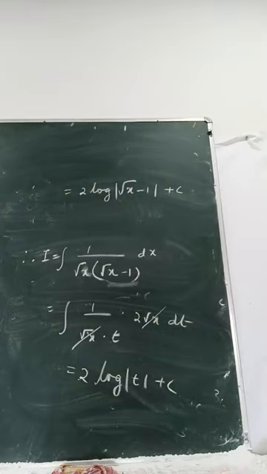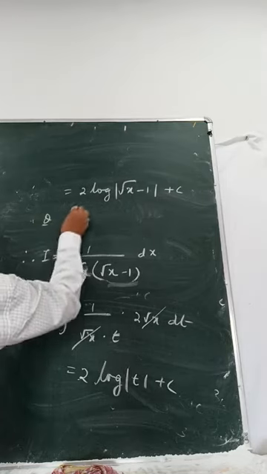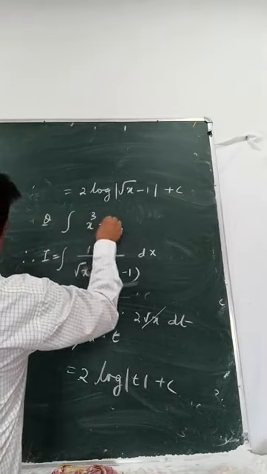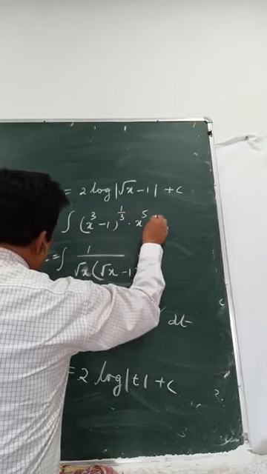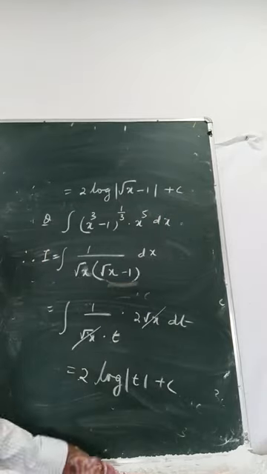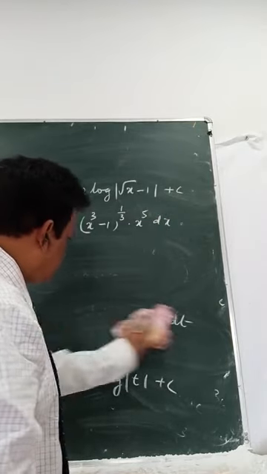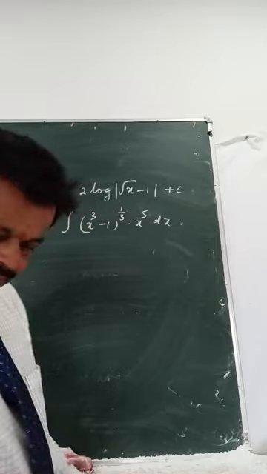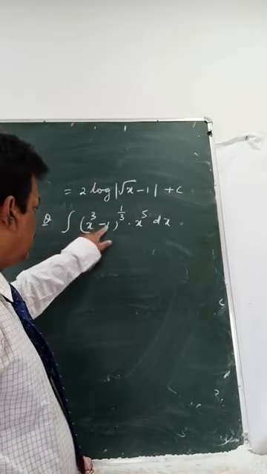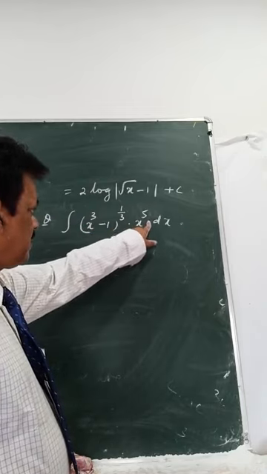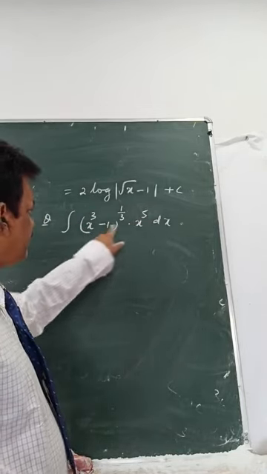Okay, let's continue. Some more questions. Suppose I have got the integral of x cube minus 1 to the power 1 by 3, times x to the power 5, dx. So here is also a complication. The complication is that the derivative of x cube minus 1 is not this, nor is the derivative of x to the power 5 this.